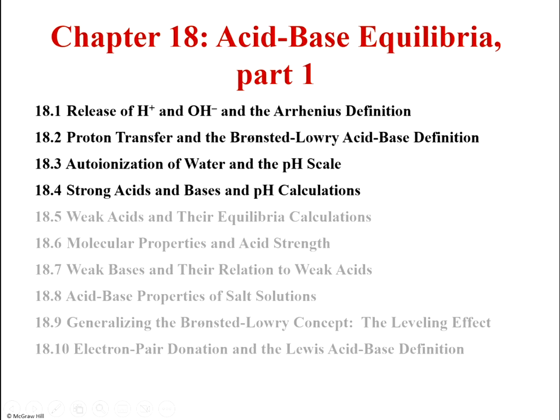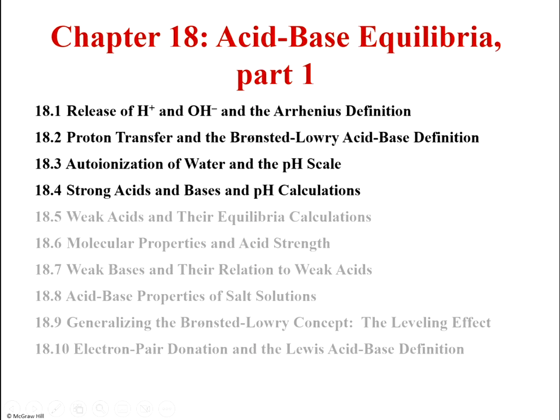We now begin our discussion of acid-base equilibria. We'll start off with a review on the Arrhenius classification of acids and bases, remembering what we learned back in General Chemistry 1. Then we're going to move to a broader classification, the Bronsted-Lowry acid-base definition.